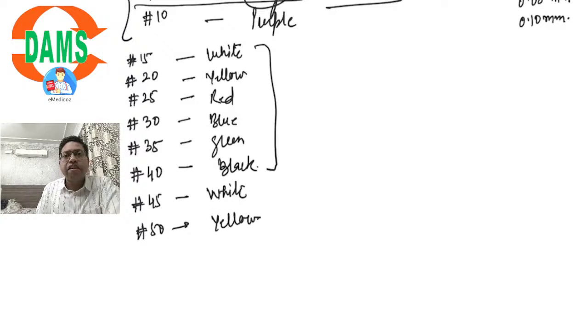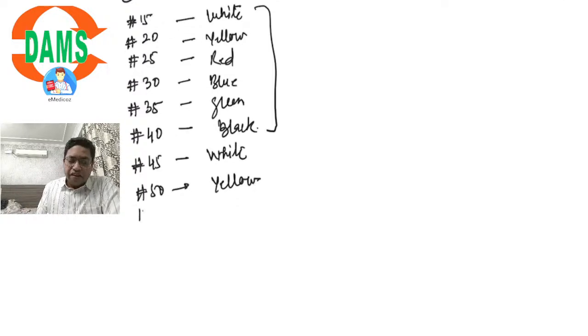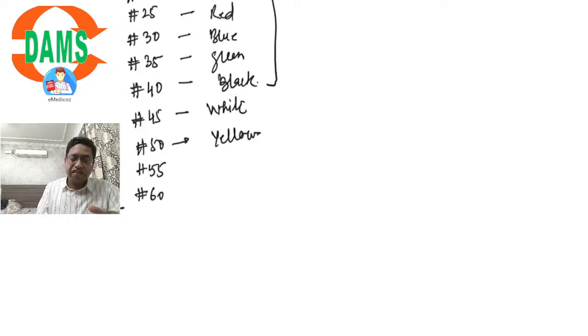So what you have to remember, there are 6 standard colors: white, yellow, red, blue, green, and black, and they keep on repeating cyclically. Then there would be number 55 instrument, then number 60 instrument. So if I talk about the regular instruments, then from size number 15 to size number 60, the instrument size increases by 5 each. 60 onwards, there's an increment of 10 each.